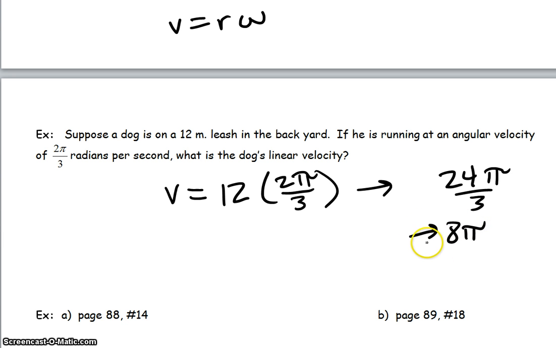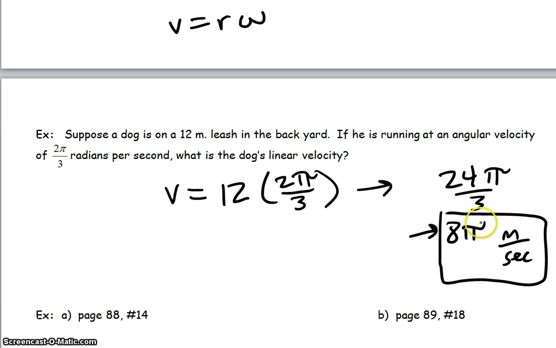You might ask what that means. It means the dog is running at 8 pi meters per second. So that dog is running around that leash pretty fast.